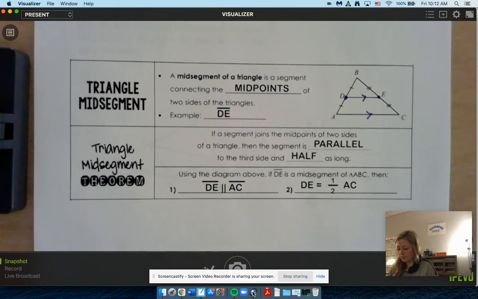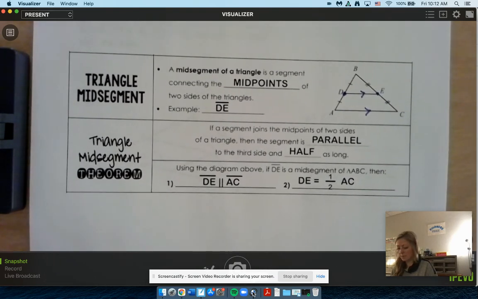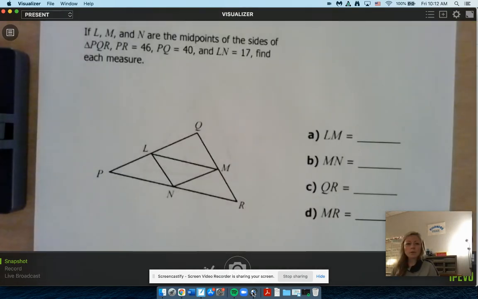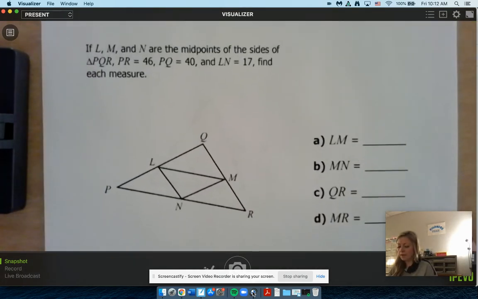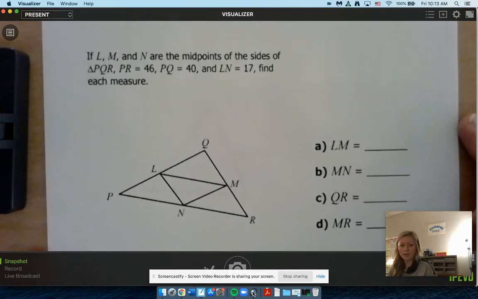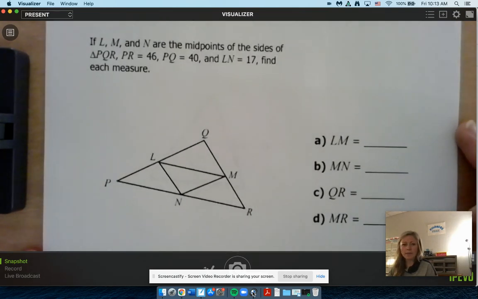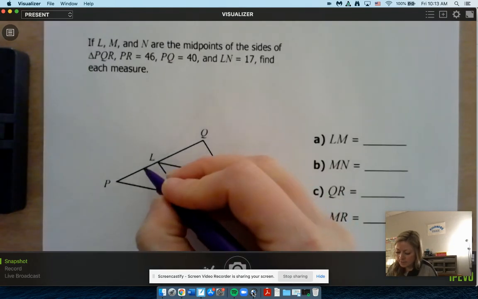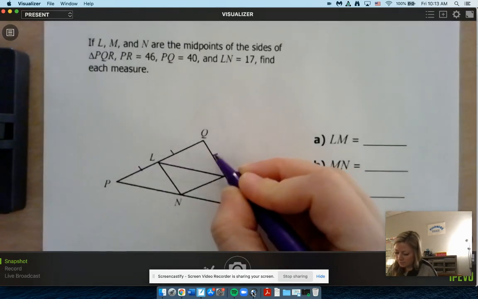Okay, let's finish up by trying some examples with a midsegment, okay? All right. Kind of a lot going on in this picture, but that's okay. It says if L, M, and N are midpoints of the sides of our triangle PQR, okay? So these guys are equal, those two are equal.